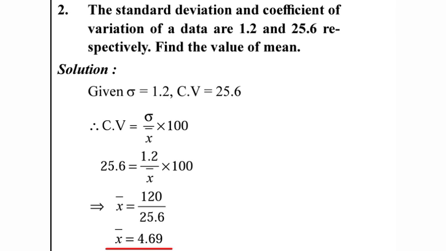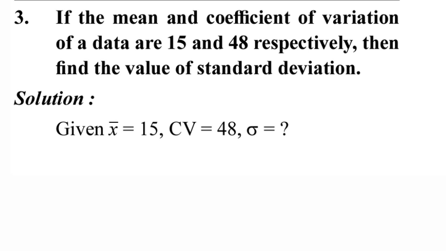Can you understand? Okay, third question: if the mean and coefficient of variation of a data are 15 and 48 respectively, then find the value of standard deviation. First we take the given values. Solution: given mean and coefficient of variation, therefore the mean x bar equals 15, and CV, the coefficient of variation, equals 48. And what is the value to find out? Find the value of standard deviation.